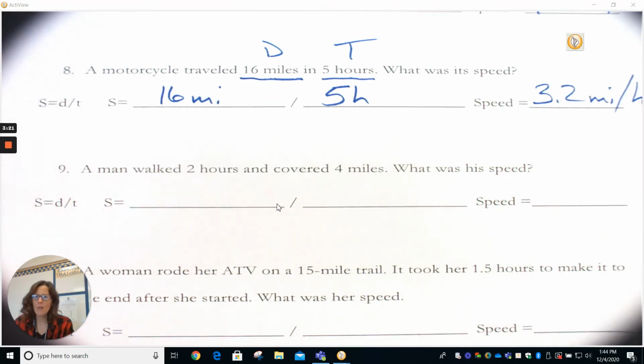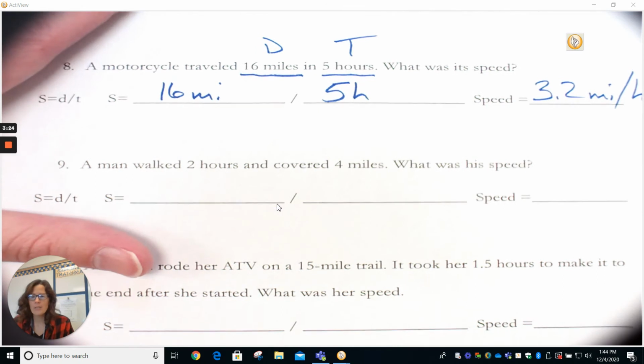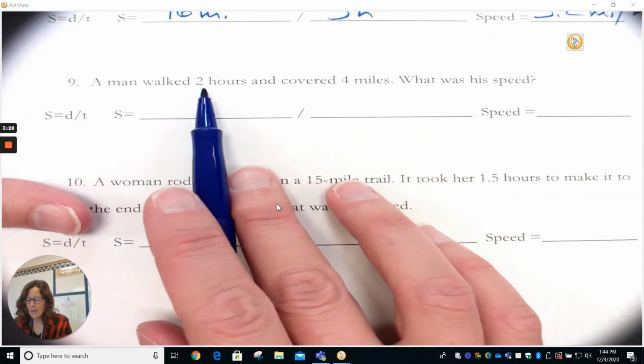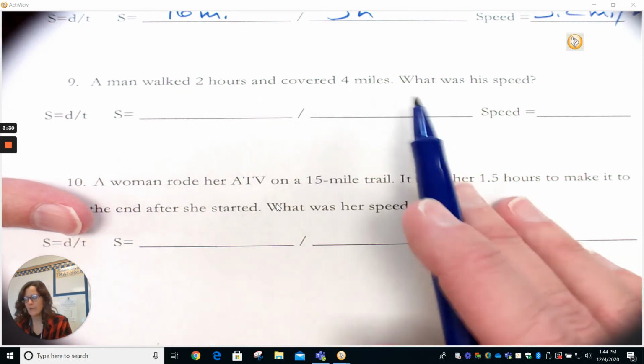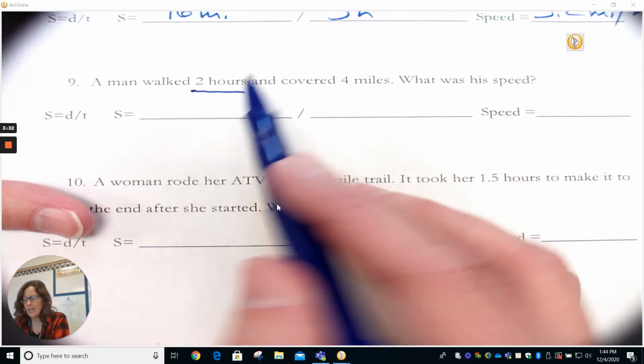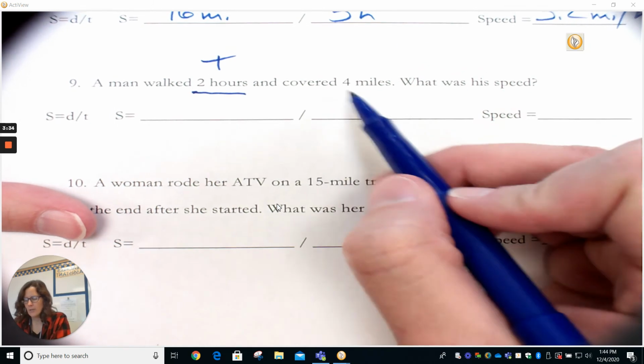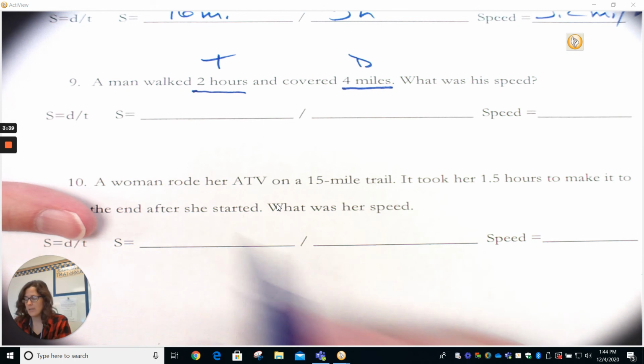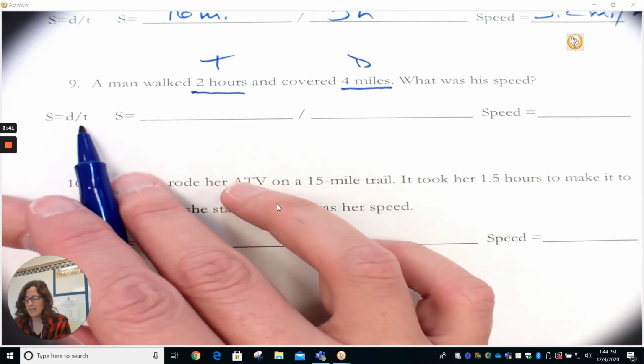Okay? It's really simple. All we're doing is math, right? Okay. A man walked 2 hours and covered 4 miles. What was his speed? So there's our time right there. Here's our distance over here. We need to make sure we get them in there the right direction, right? Because speed equals distance divided by time.